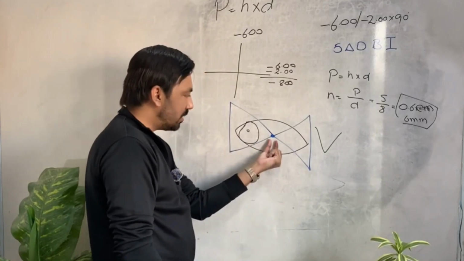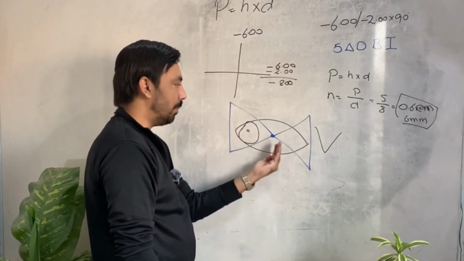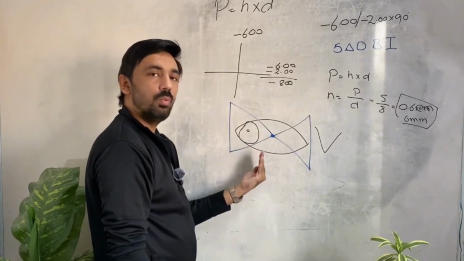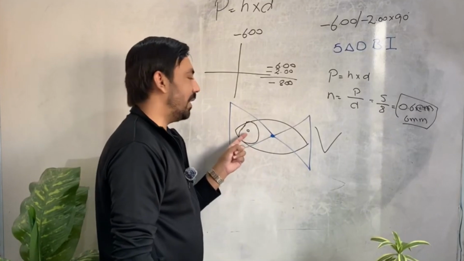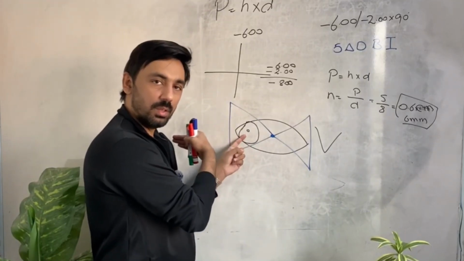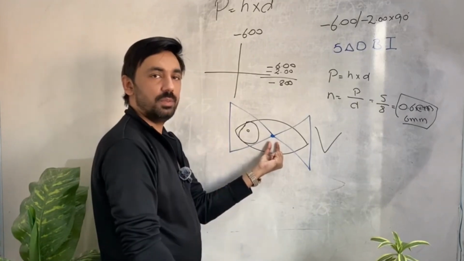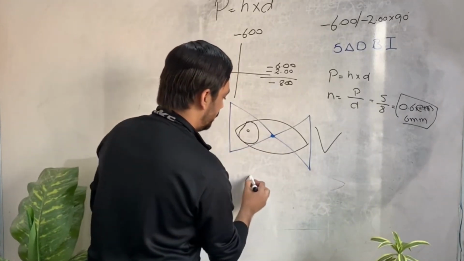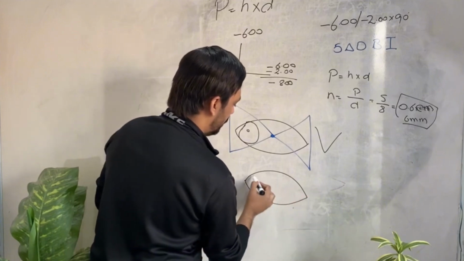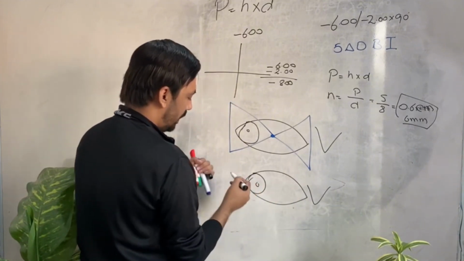If I move the minus spherical lens from this position to this position, I am decentering the lens toward the outer side. So I have given you the concept that if the deviation is exo, outward, you simply move the minus spherical lens in the outward direction. This is the nose, and the deviation is outward.